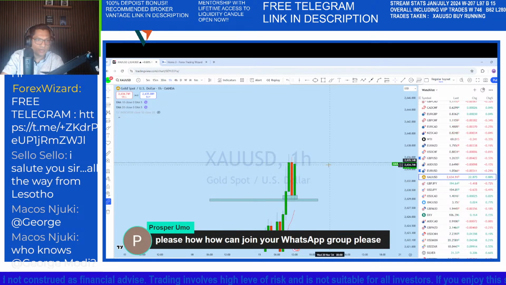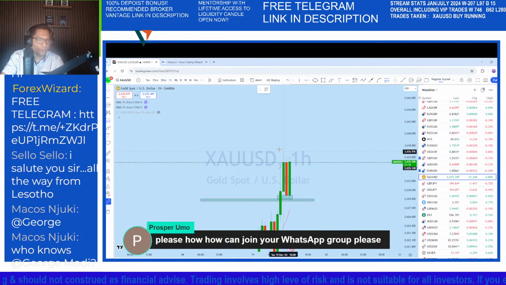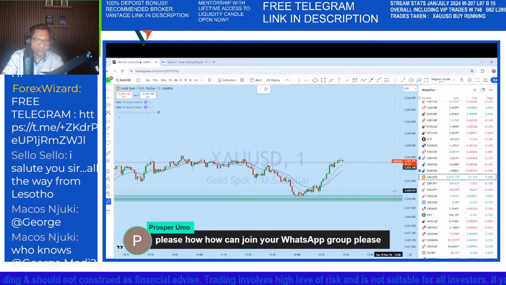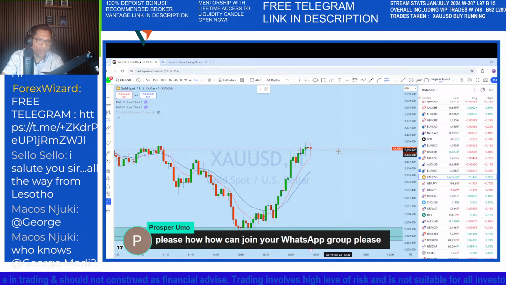So with a candle closing on this lower time frame, I will be interested to put a buy stop in this market, as we can see that the market trend is up.